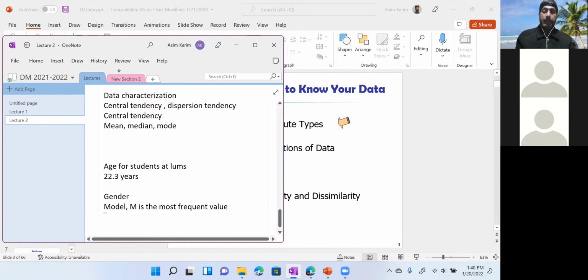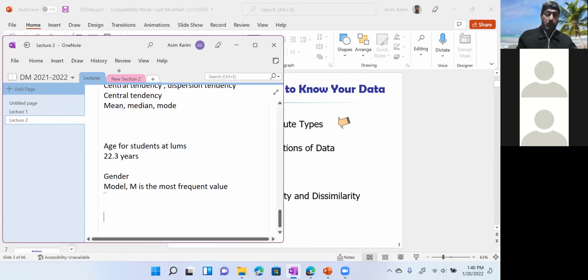All right. So again, this gives you a quick idea about the data set. And similarly, if you have some GPA or grade type of thing, then you can compute the median also.